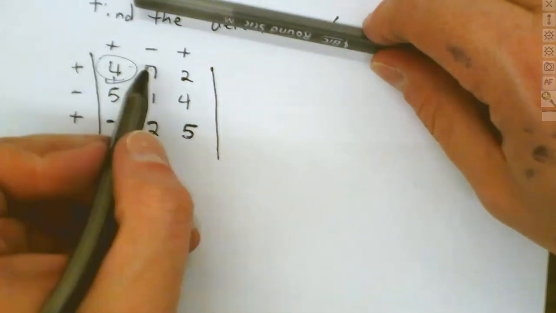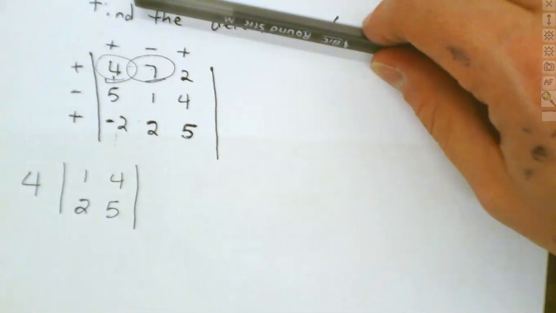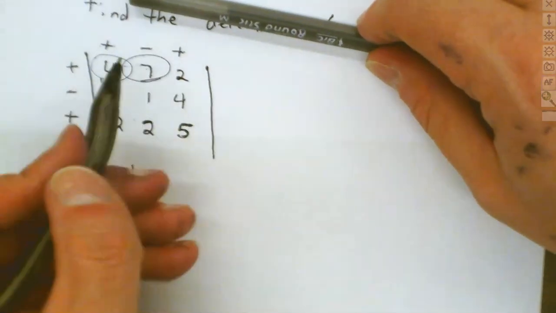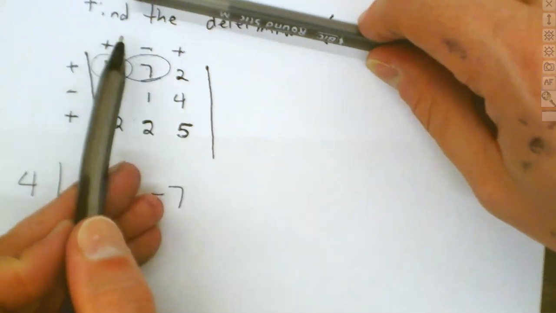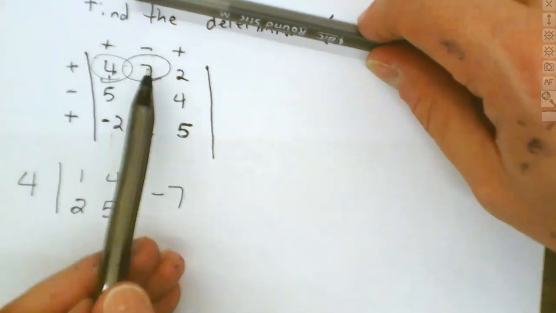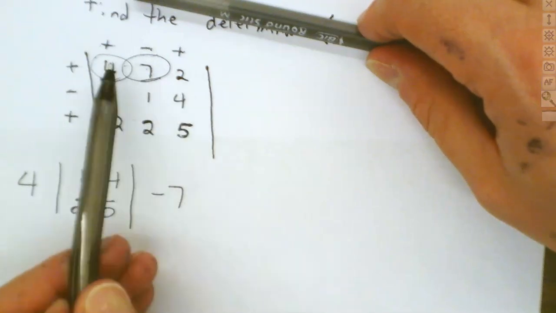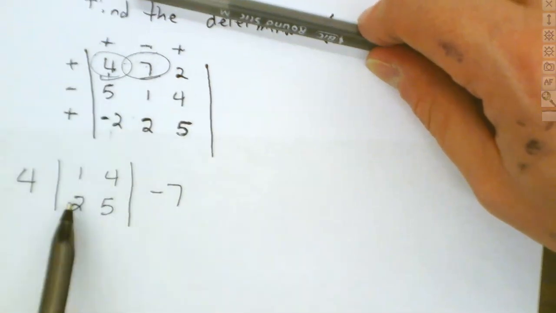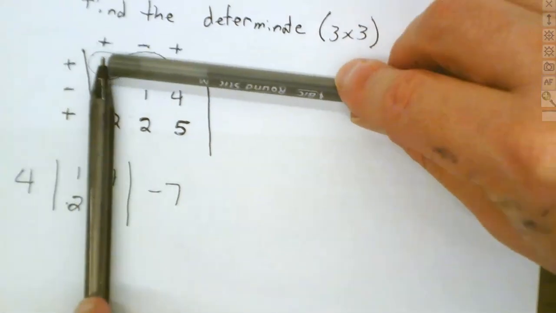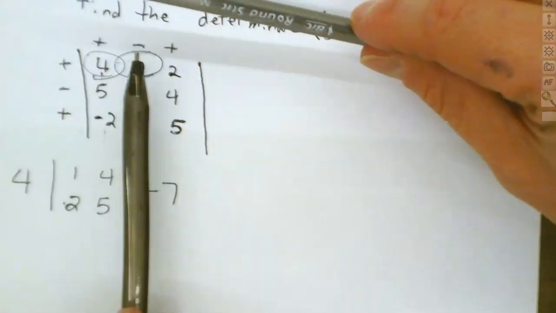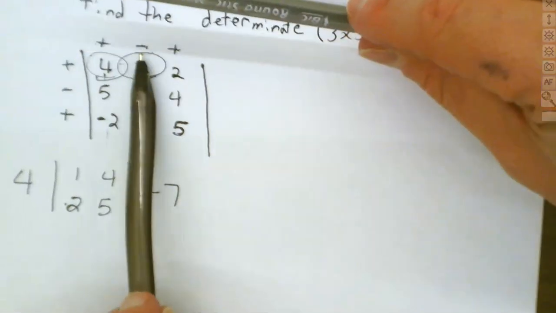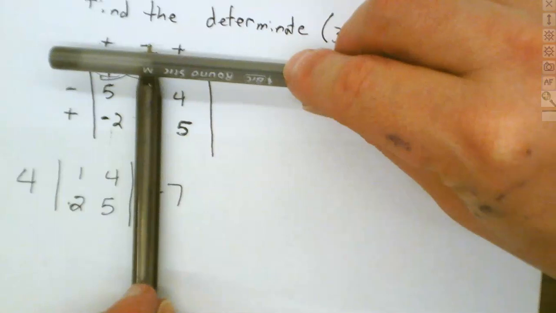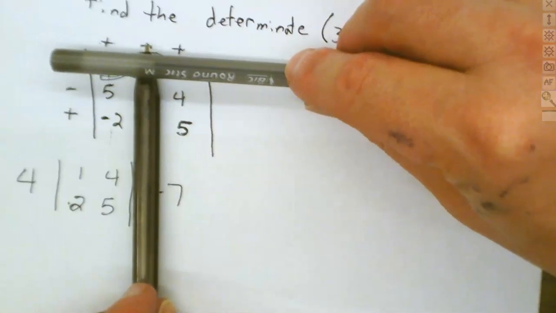Now we go to the 7. Now what's in front of the 7? Well, if we look up here, it's a negative. So negative 7, because that's your sign. You always go plus, minus, plus. So we're just going to go across the row. We had a 4, so that gave me that when I covered that up, right? Now, we cover up for the 7. If I cover up for that negative with that 7, our sign's negative here. If we cover it up, what's my determinant? 5, 4, minus 2, and 5.